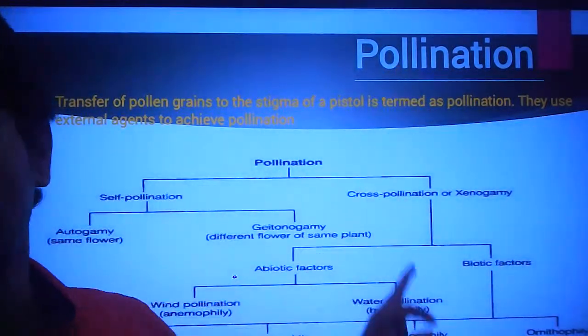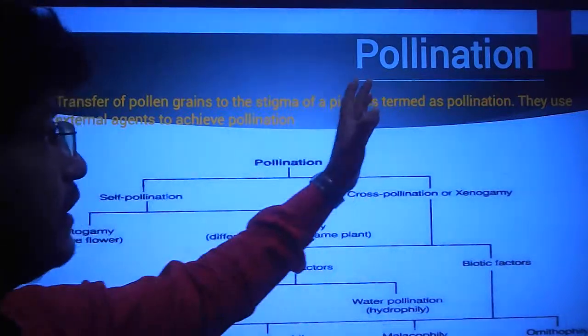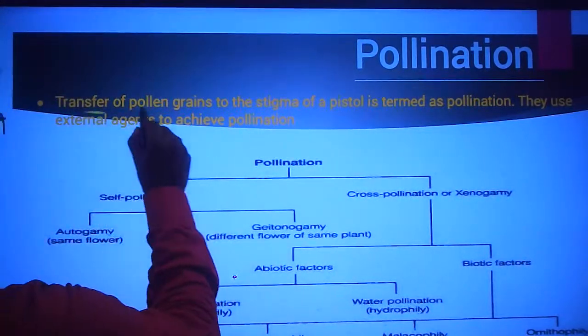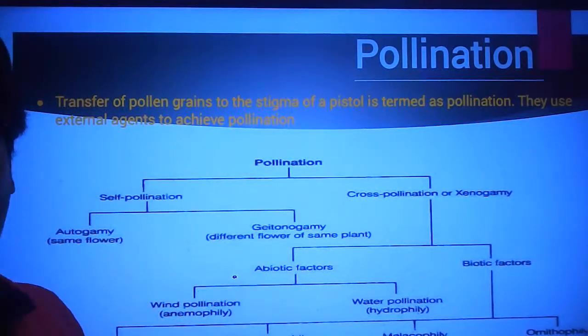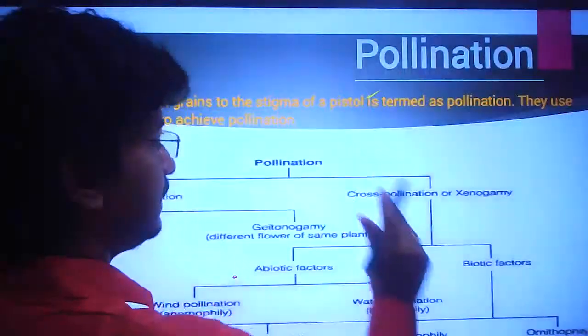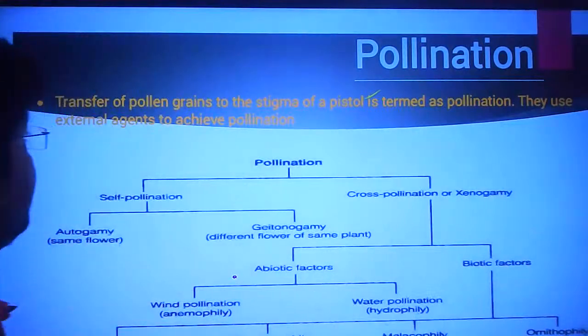Coming to pollination, this is not a new thing for you. What is pollination? Pollination is the transfer of pollen grains to the stigma of the pistil. The spelling is P-I-S-T-I-L.